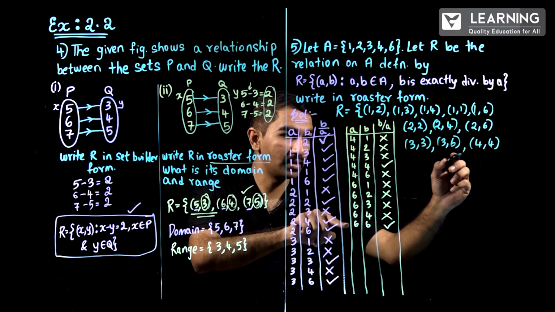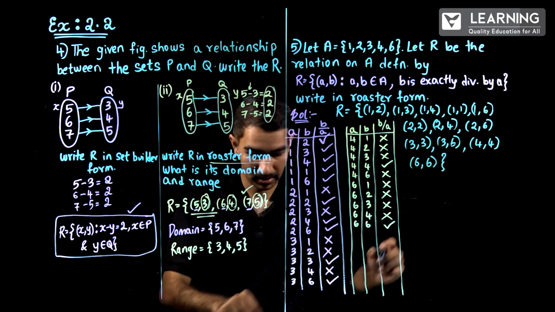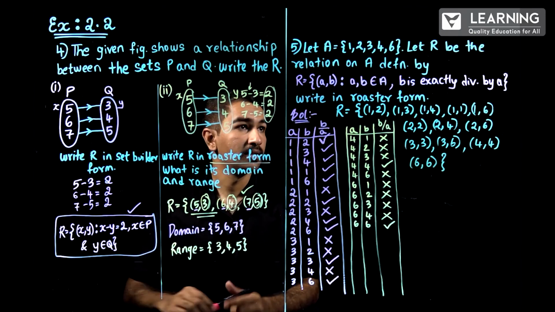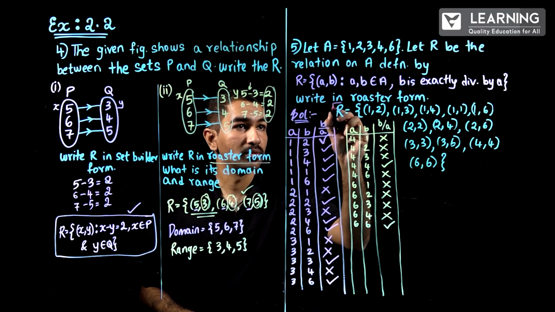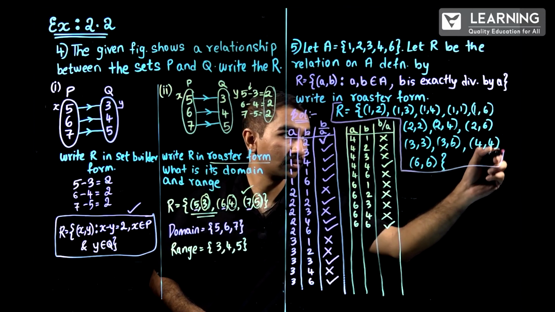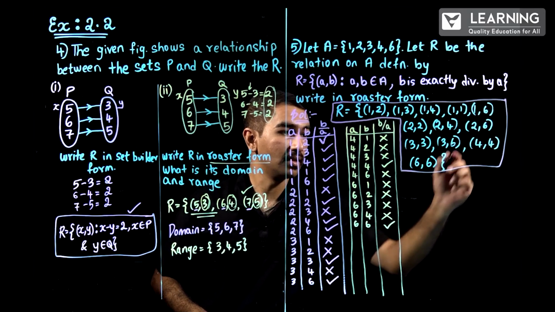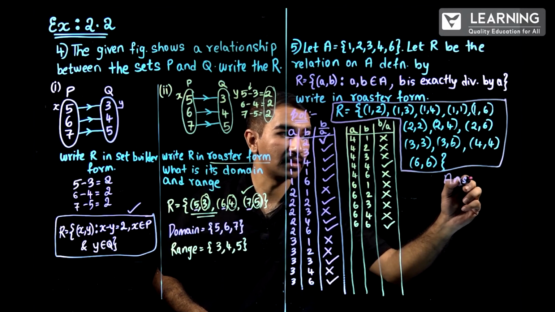Then we have 6,6. Now close the bracket. Okay, we'll just highlight that. So this thing is your final answer and this answer is correct.